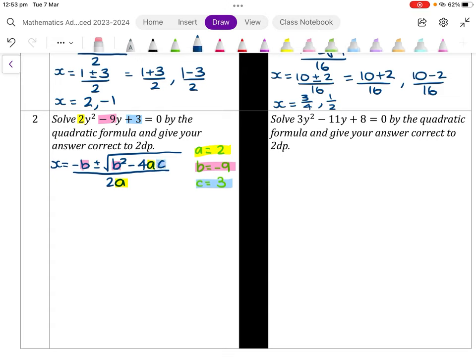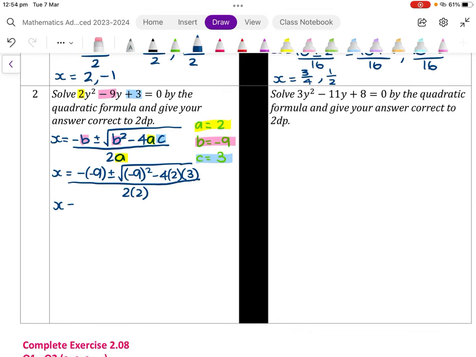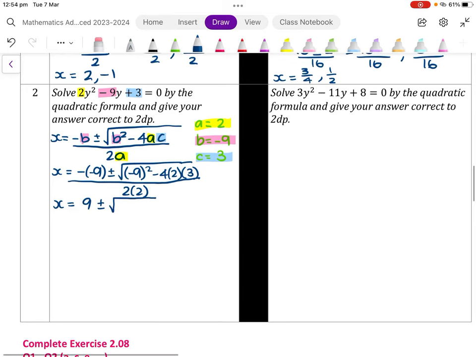When we do this, we're left with x equals minus negative 9 plus or minus the square root of negative 9 squared minus 4 lots of 2 lots of 3 all over 2 lots of 2. We now want to simplify this, so we get x equals 9 plus or minus the square root of 57 all over 4.